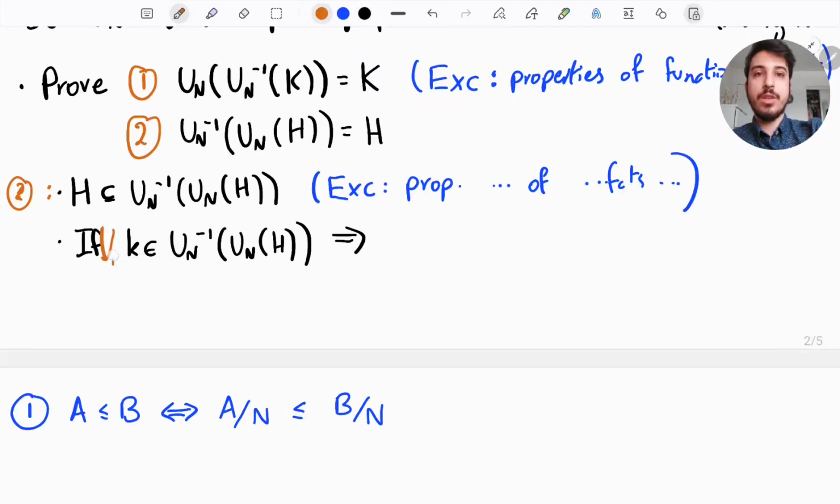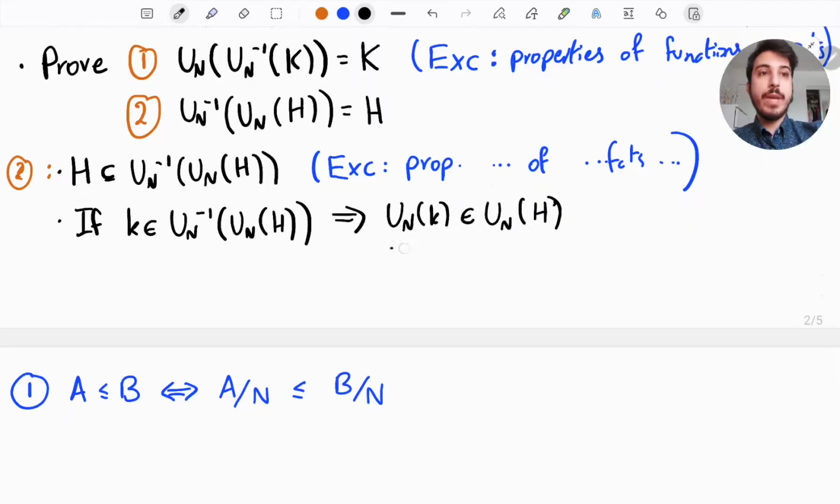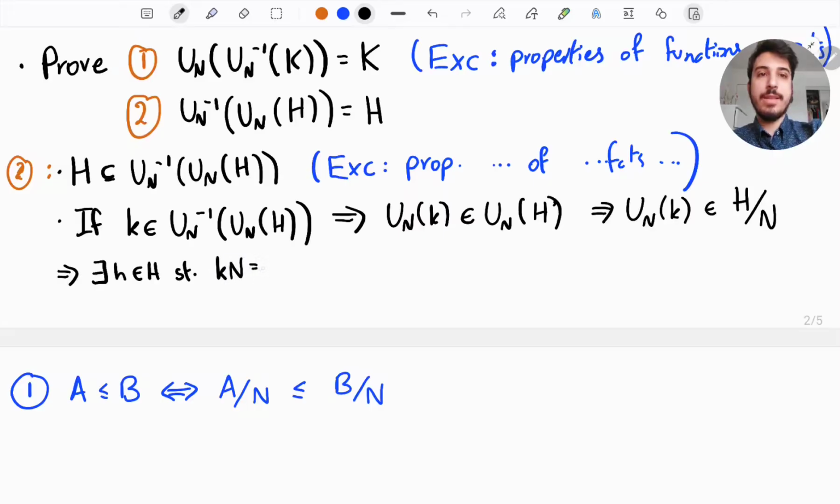So apply u_N here and u_N there to get u_N of k is an element of u_N of H. So now that we have this, we know that u_N of H is going to be the quotient H by N. So because it is an element in the quotient H by N, there exists a small h in H such that kN is equal to hN.